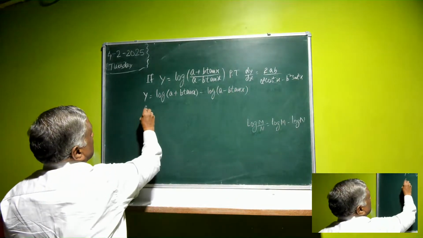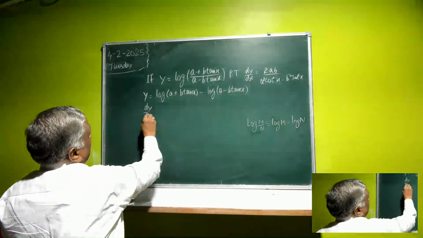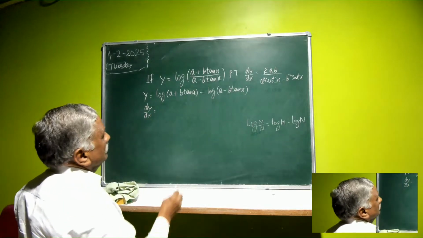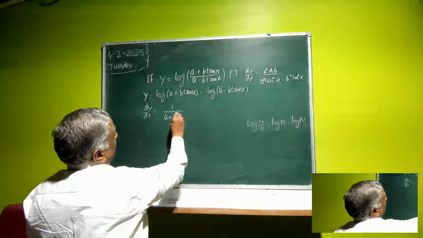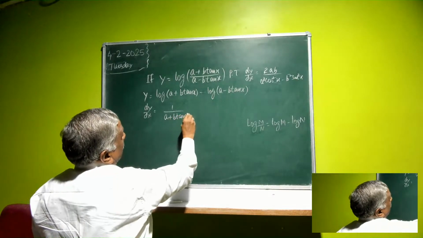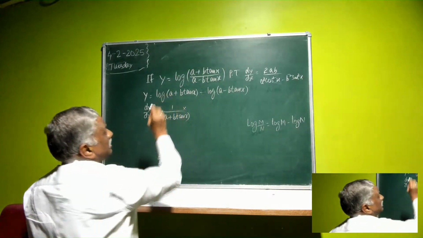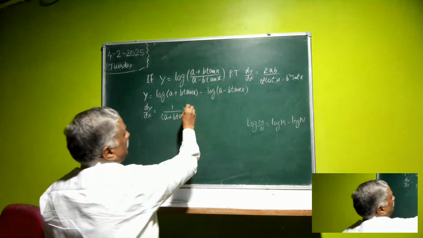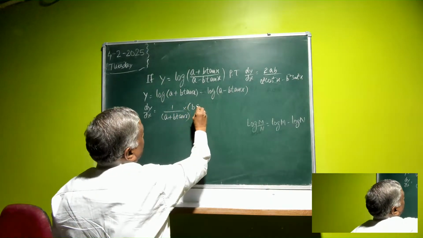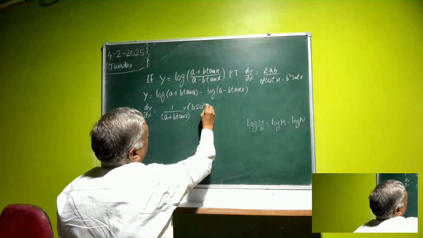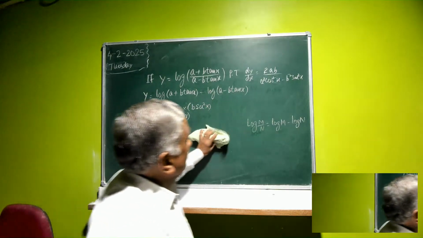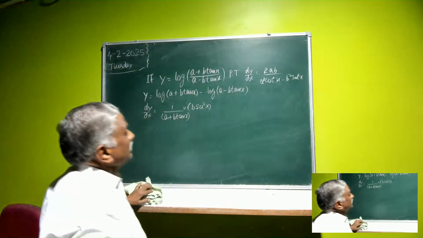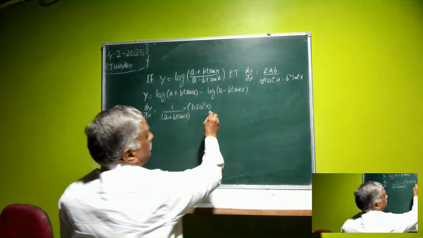Let us differentiate this. dy by dx is equal to log is 1 over a plus b tan x. Now you should differentiate a, which is 0. b is a constant, keep the constant, differentiate the function, tan x is secant square x.